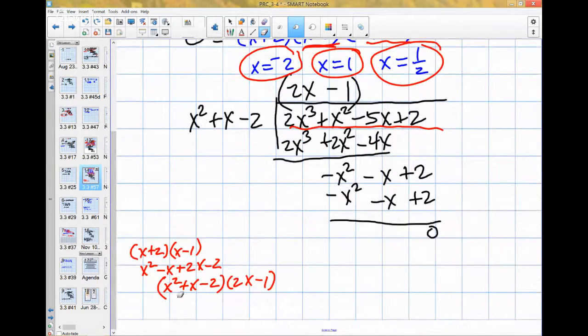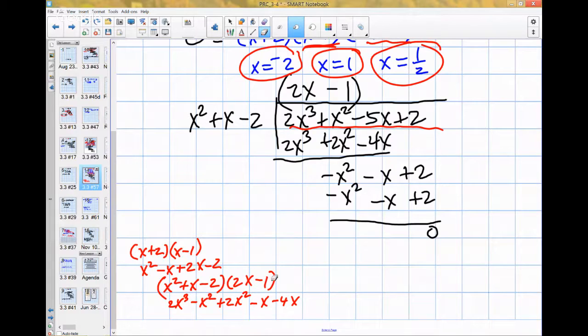X squared times 2x is 2x cubed. X squared times negative 1 is negative x squared. X times 2x is 2x squared. X times negative 1 is negative x. Lastly, negative 2 times 2x is negative 4x.